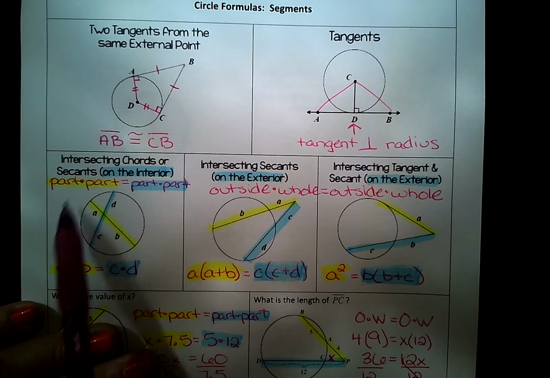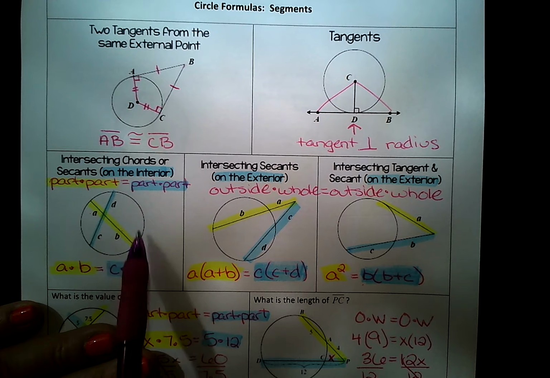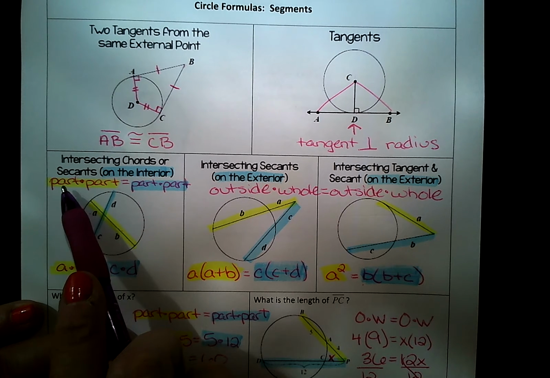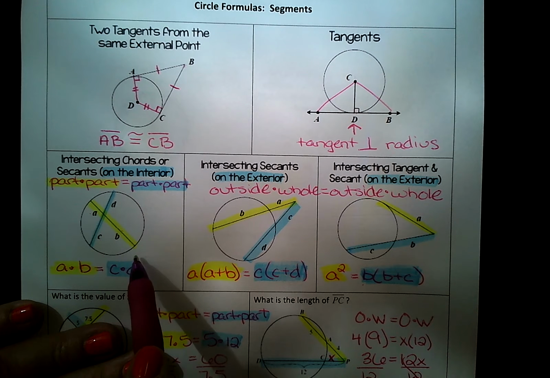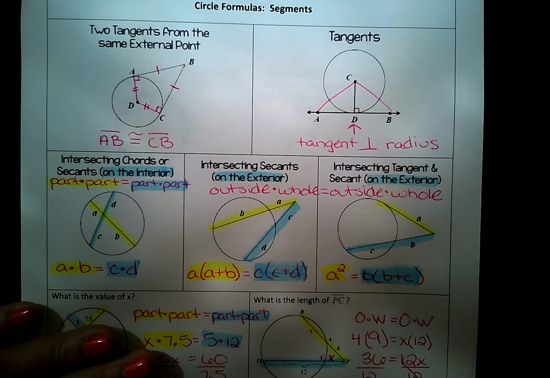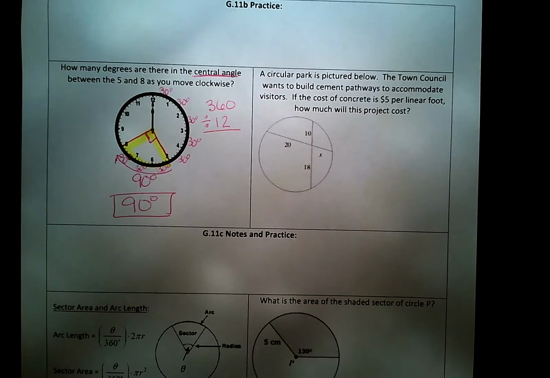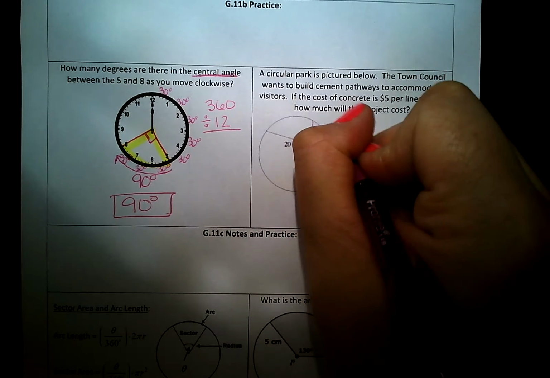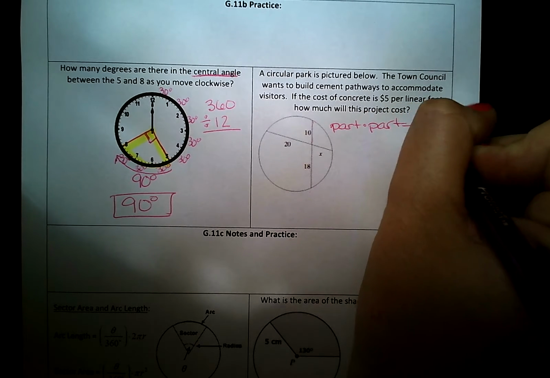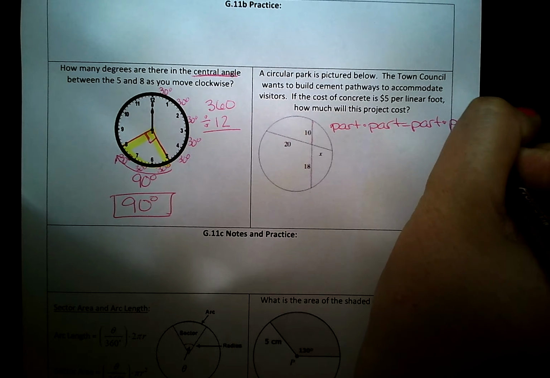And that is here, the intersecting chords or secants on the interior. So the pattern we use is that the part times part of one chord is equal to the part times part of the second chord. All right, so let's check that out. I'll write that out. Part times part equals part times part.